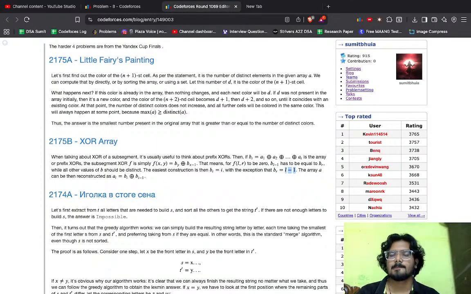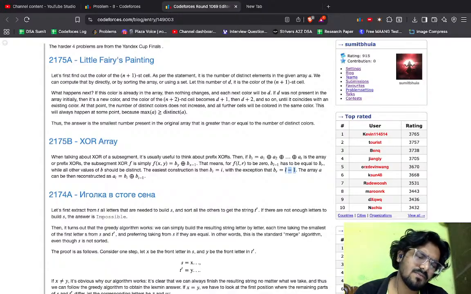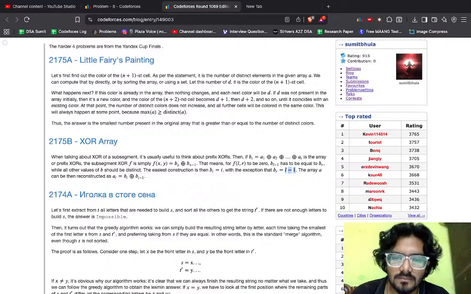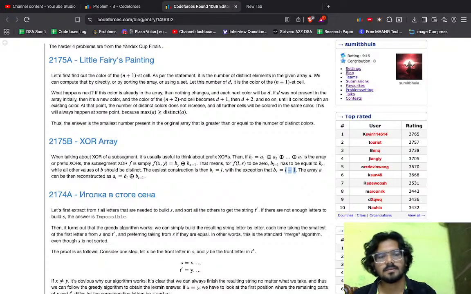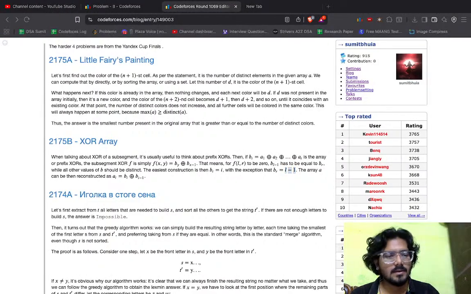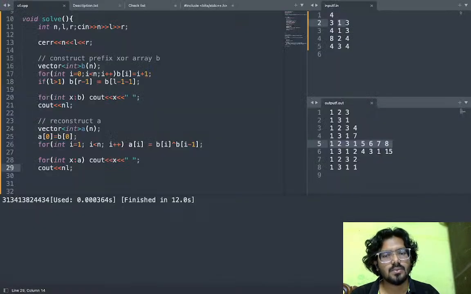Oh, negative numbers. Negative numbers? I think so. The array can be constructed as v i minus that one. Yeah.